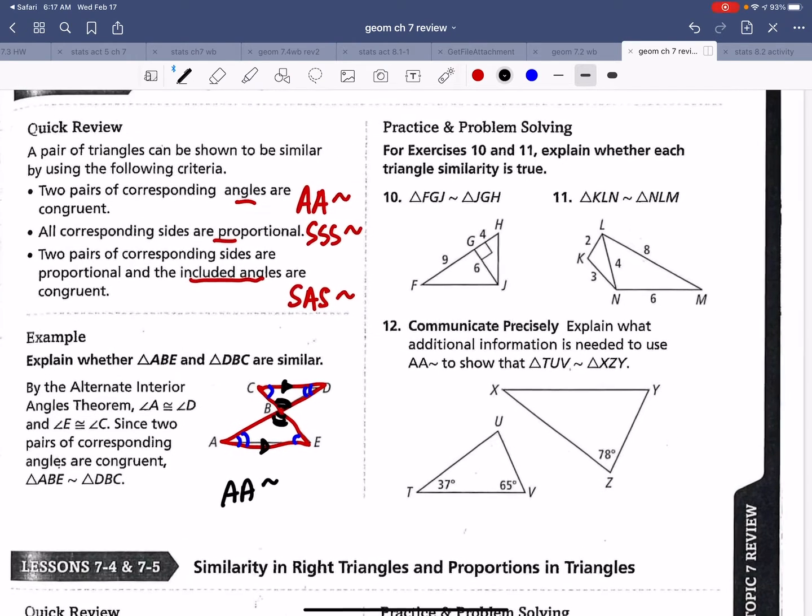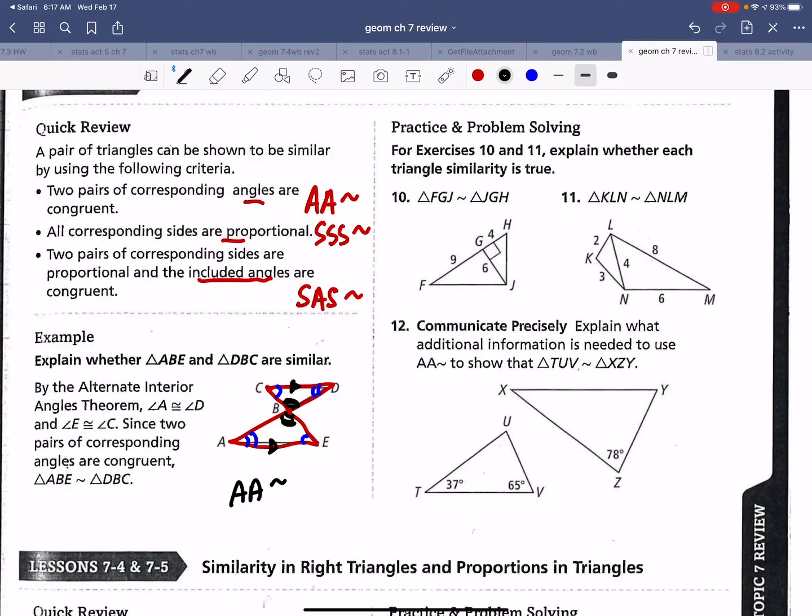All right, looking at 10, would this triangle FGJ be similar to JGH? All right, we can set this up. So it looks like we can set it up with the baby, small, medium, small 4, medium 6, and then with what looks like the teen, small 6, medium 9.